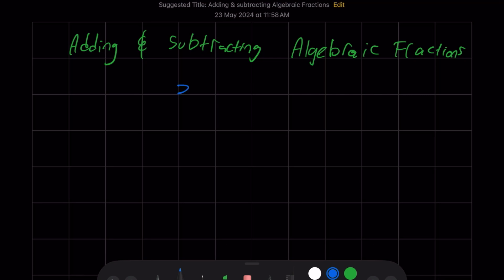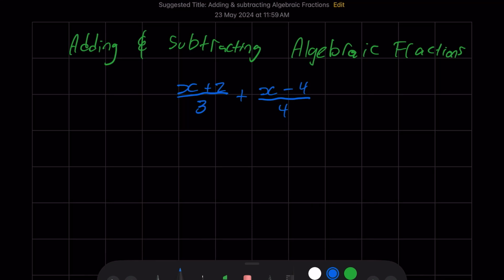For this question, I will go x plus 2 over 3 plus x take 4 over 4. Now for grade 10, which is where these videos are focused towards, this is probably the hardest question that you will be given. X plus 2 over 3 plus x take 4 over 4.